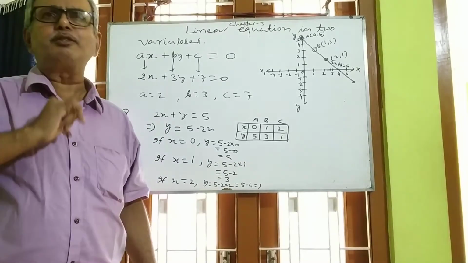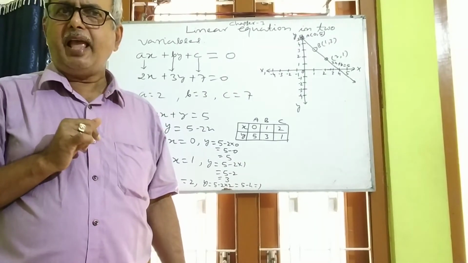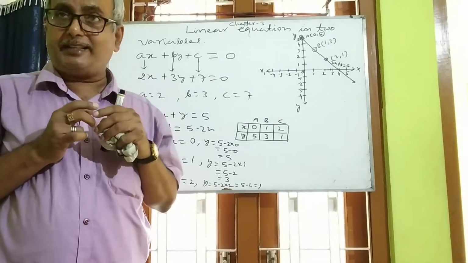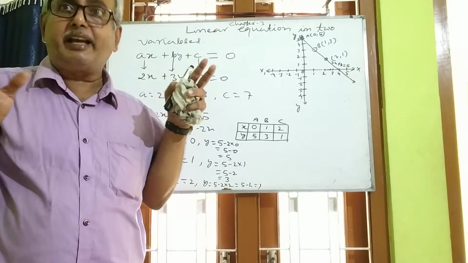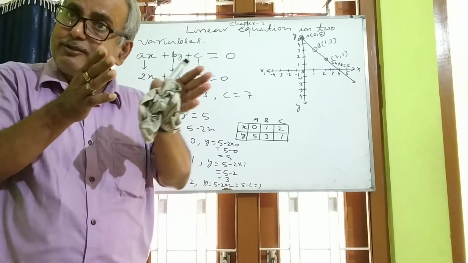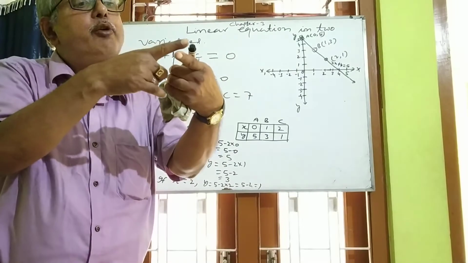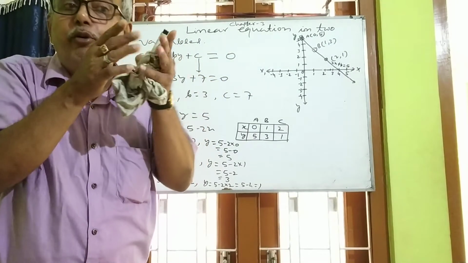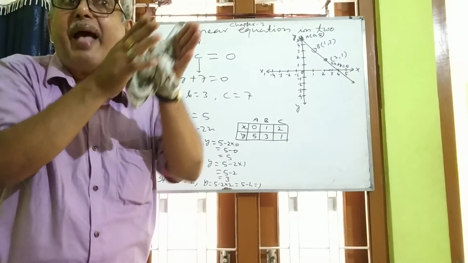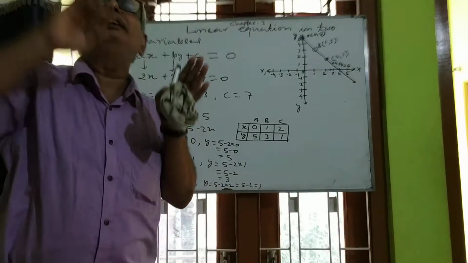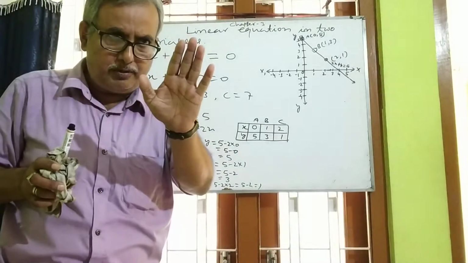Two equations will be given and you have to test, when you draw the graph, whether the lines will be parallel, or they will intersect at a point, or they will lie on each other. You understood?